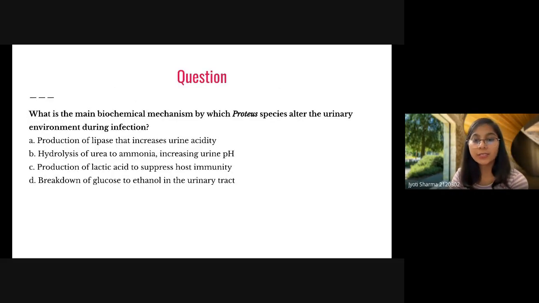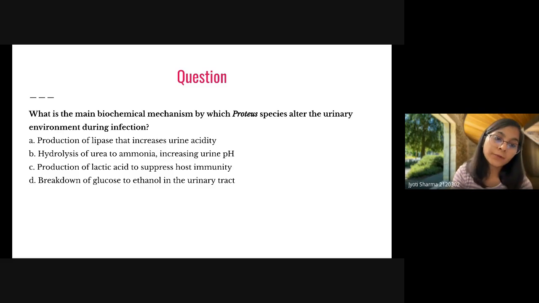Next question is based on another bacteria, and this is Proteus species. And the question is, what is the main biochemical mechanism by which Proteus species alter the urinary environment during infection?